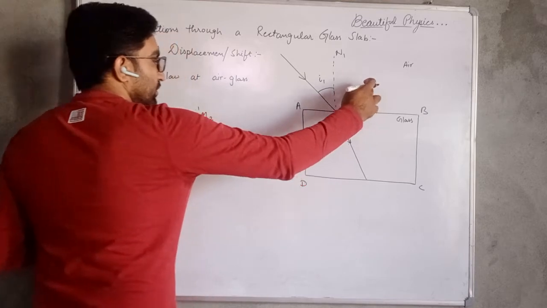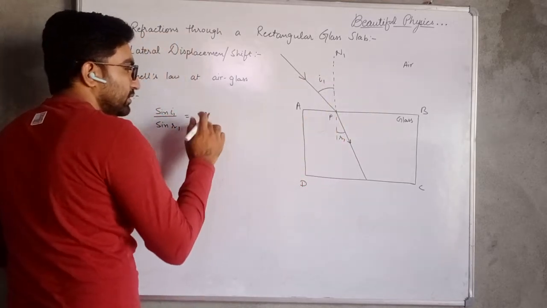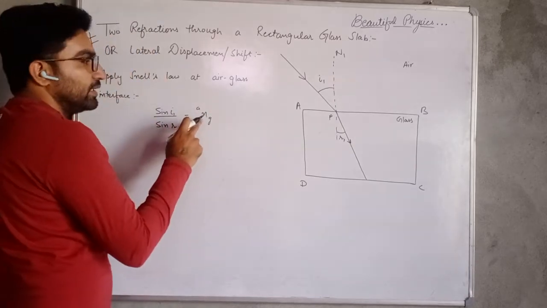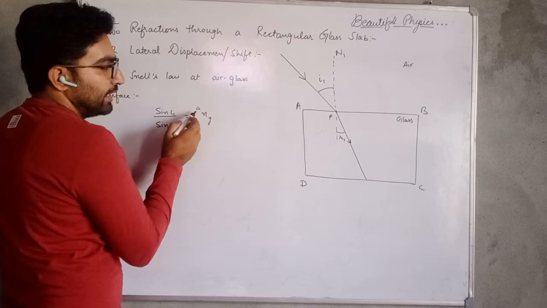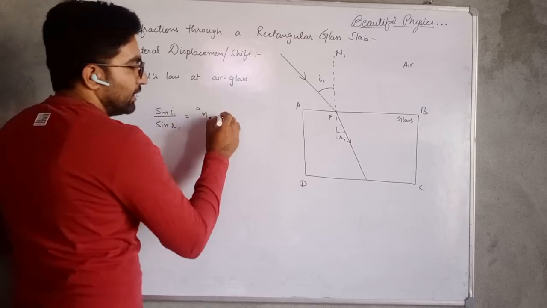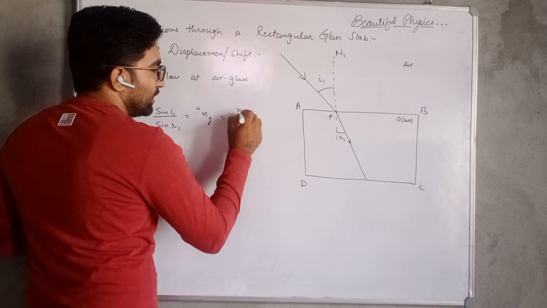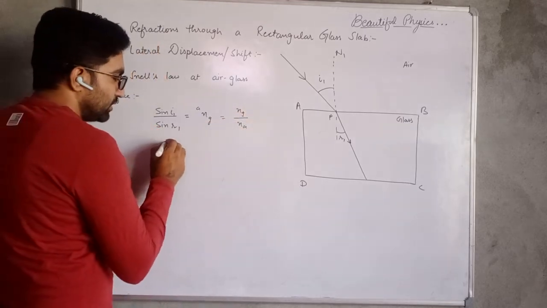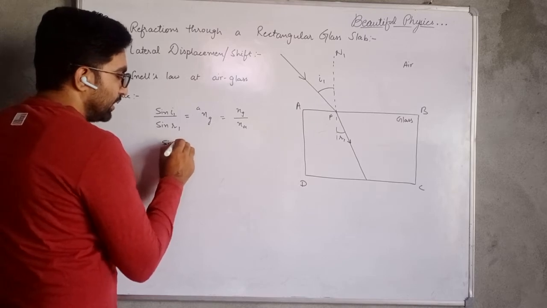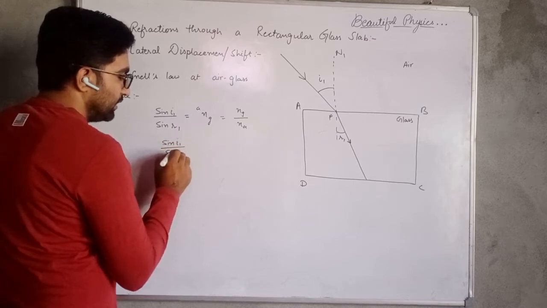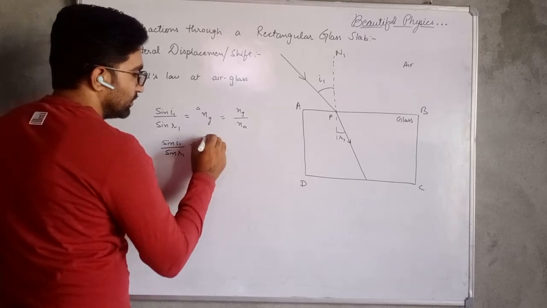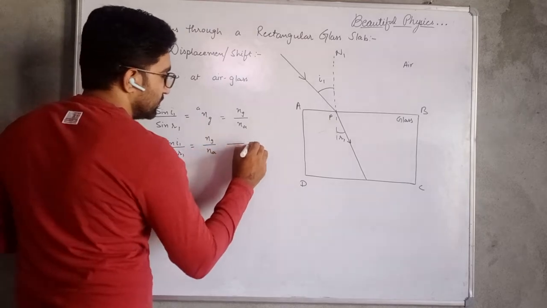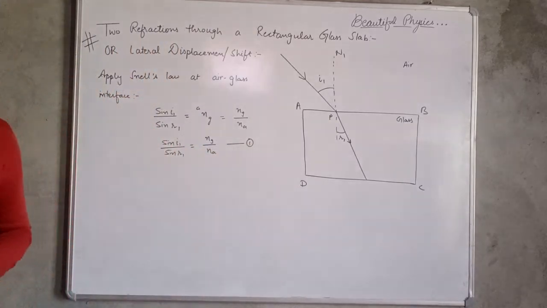It is our medium 1, or we can simply write it as aNg, refractive index of glass with respect to air, as light is going from air to glass. It can be written as refractive index of glass upon refractive index of air. So our equation is sin I1 by sin R1 equals Ng by Na. So it is our equation number 1.